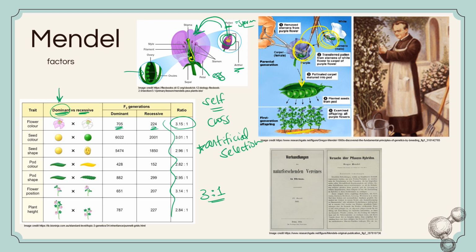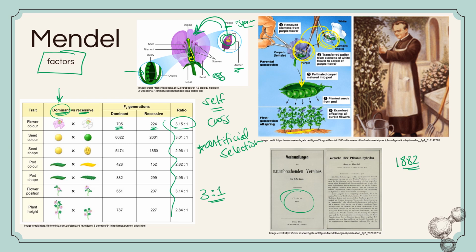What is super amazing about all this work that Mendel did is that we didn't even know that chromosomes existed. Mendel talked about these factors that could be inherited from parent to offspring, and he published his paper in 1865. We didn't even know that chromosomes existed until 1882.